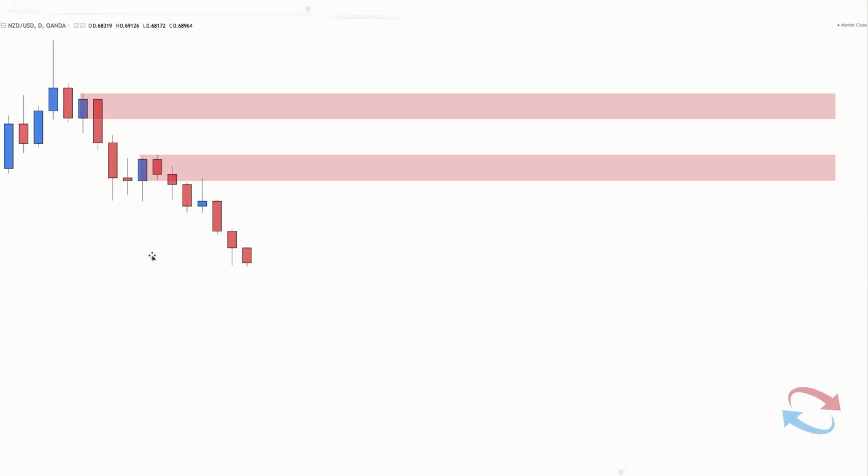And as price again makes a new lower high and lower low in the sequence, as you can see, what we're doing is something like this. We're coming down, putting in a swing, coming down, putting in a swing.